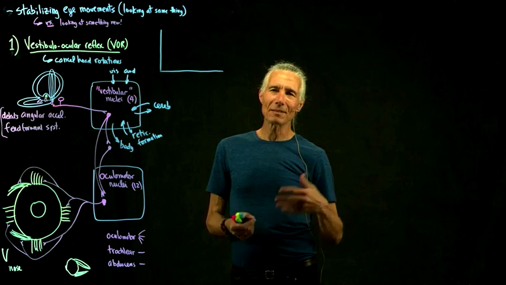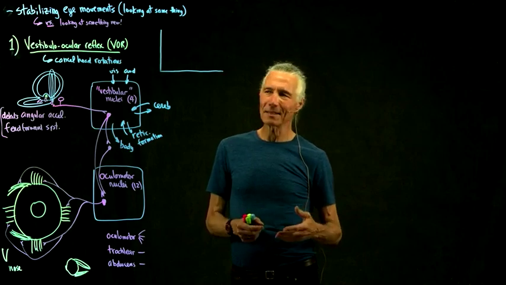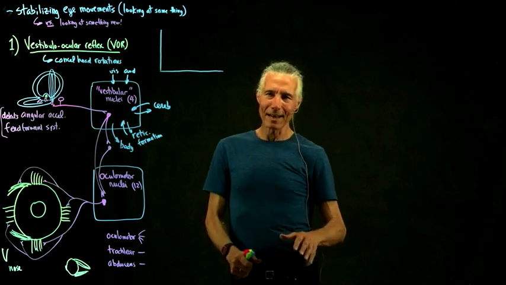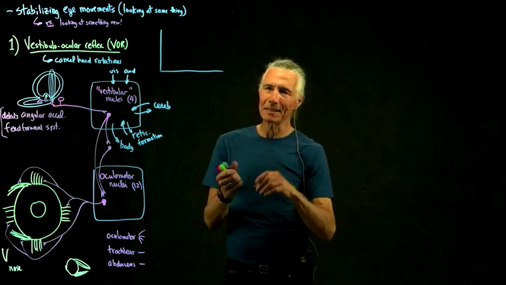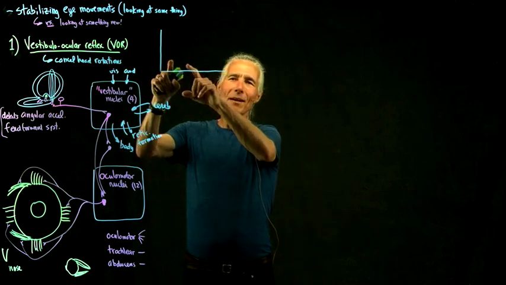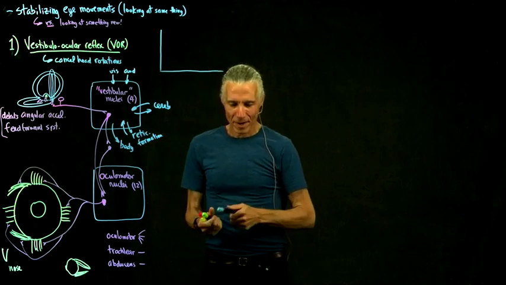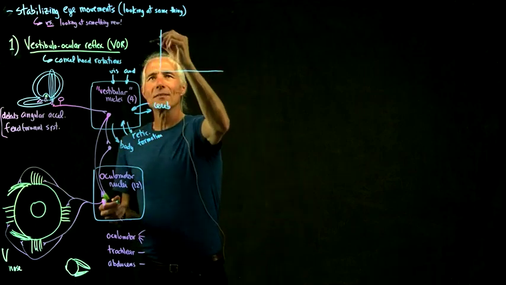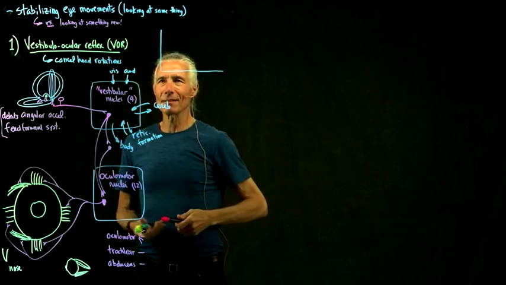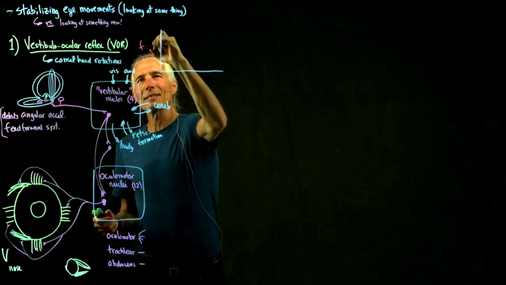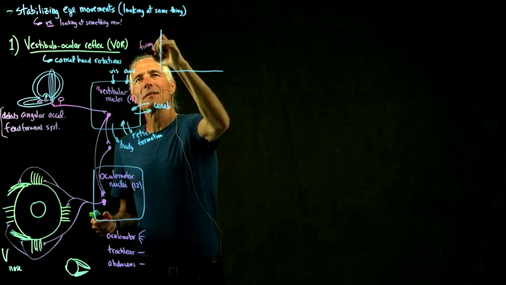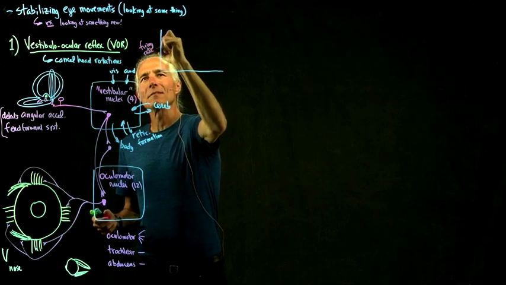So those higher level neurons are often a little lazy. The lower level neurons are not like that. They're always on, until you get sleepy, and they're always ready to go. If you look at the firing rate of these neurons, they're nice big neurons because they've got a lot of work to do.